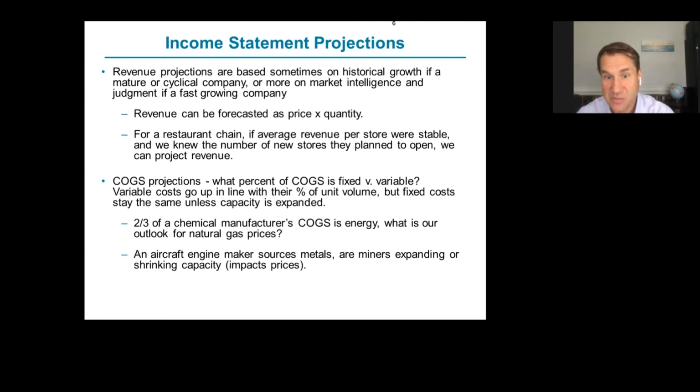A simple example would be an oil and gas company. Their revenue could be forecasted as oil price times the amount of oil that the company produces, price times quantity. Or for a restaurant chain, you could calculate what the revenue per store is and what the number of stores is.